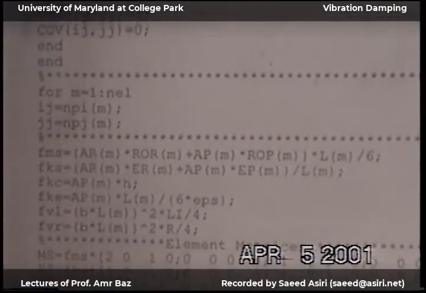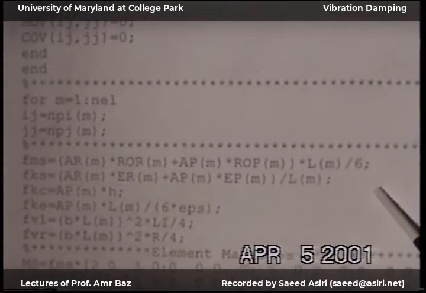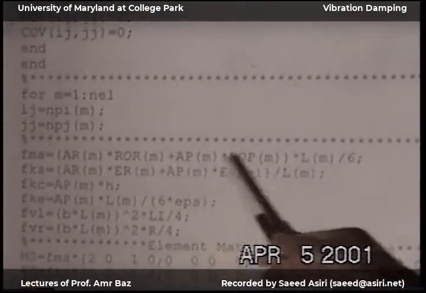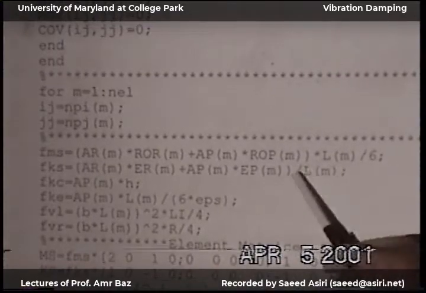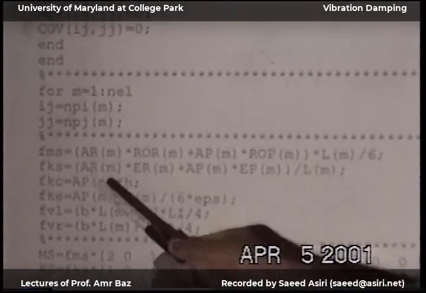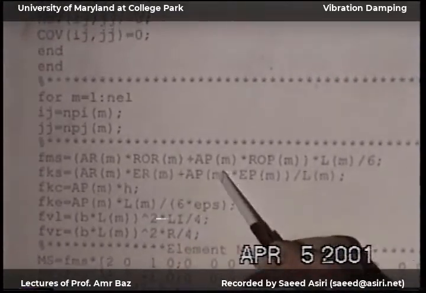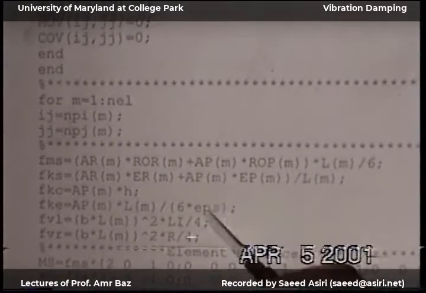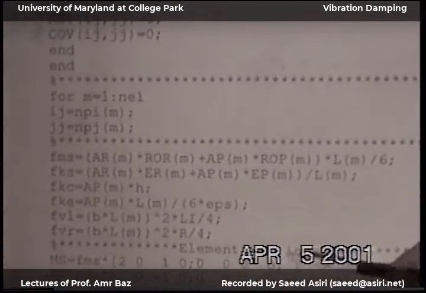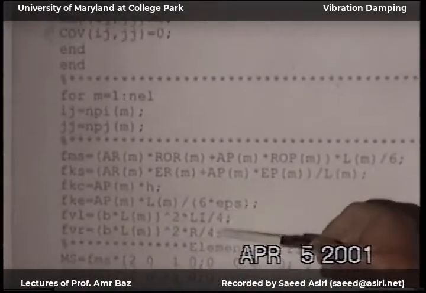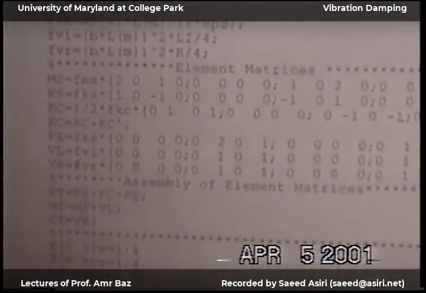So now here, the multiplier for the mass matrix has all the parameters, the A rod, rho rod, A piezo, and rho piezo, and so on, as we described last time. And then now here the last term is the term that we get from mathematical equations.